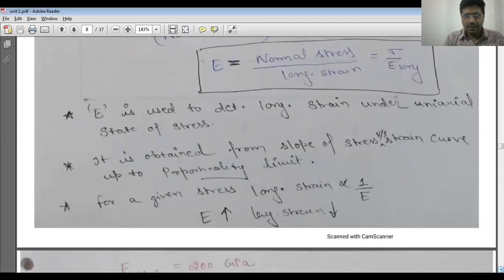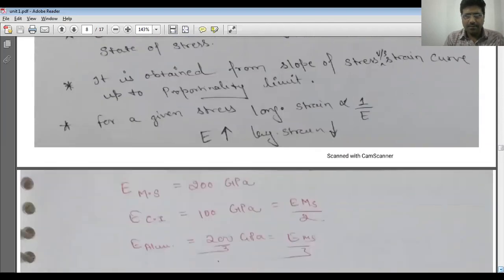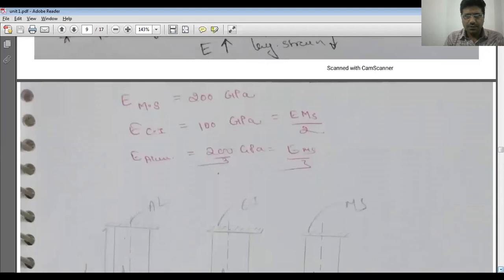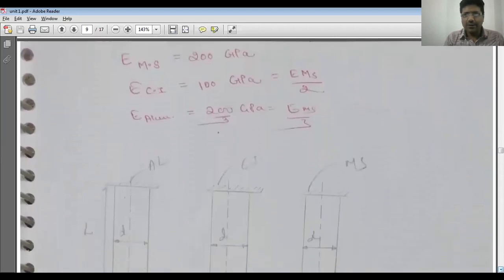Then come to the practical values of the Young's modulus of elasticity. Young's modulus of elasticity for mild steel is given as 200 gigapascal. In the last lecture we discussed the gigapascal and what the units for giving stresses are.